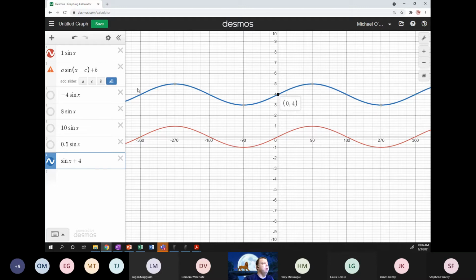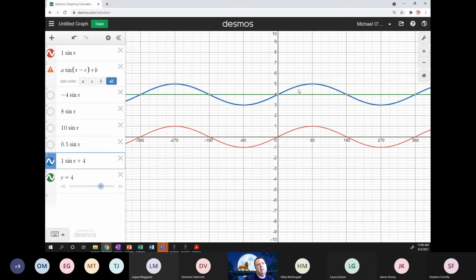And now our new axis of symmetry is 4. Just as this one was 0 before, now from 4, what number's in front of that sine is a 1. So it's going to go up 1, back to the middle, down 1, back to the middle.